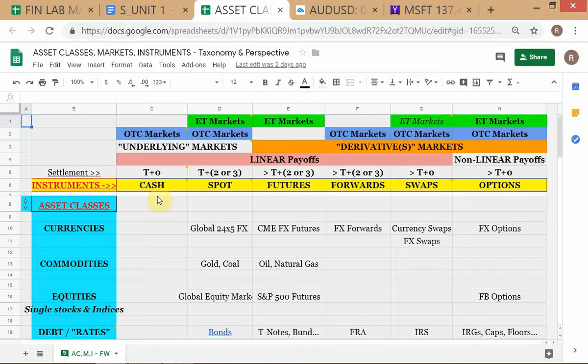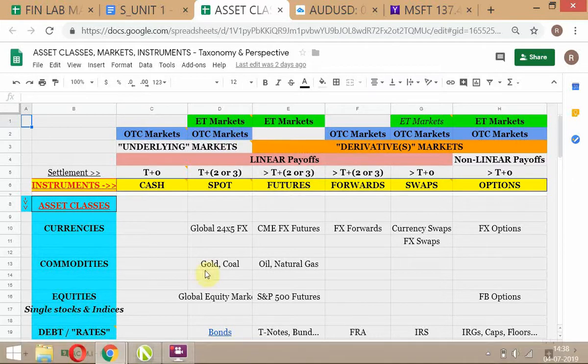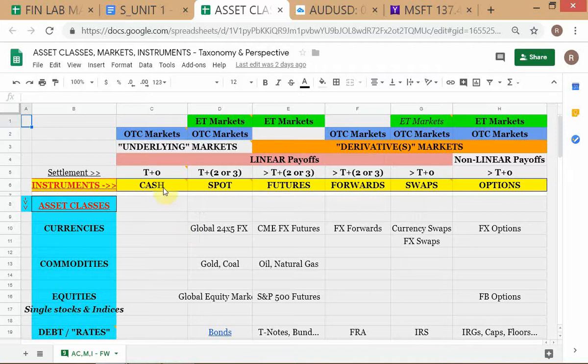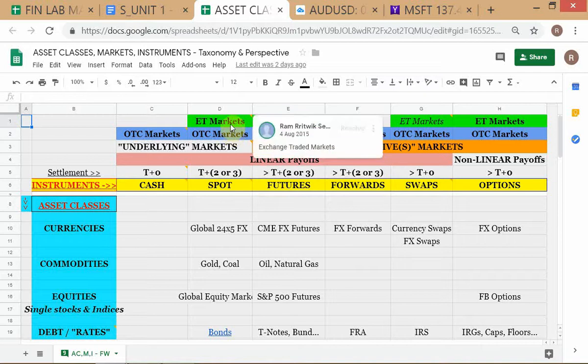So the same meaning of OTC here, the same expansion, and ET is exchange traded. ET means exchange traded markets. So what am I trying to show you here? What I'm trying to show you is cash markets are only OTC markets, and spot markets can be OTC or they can be exchange traded.